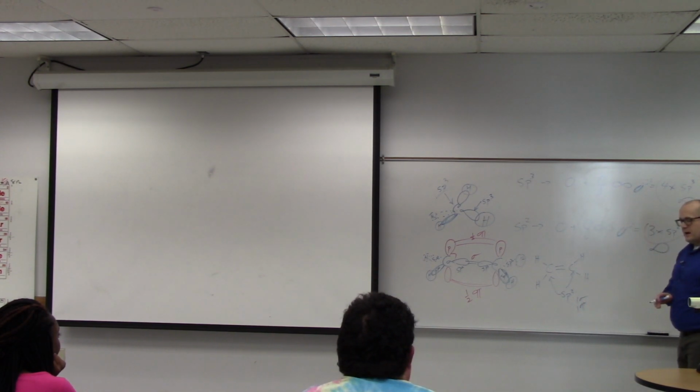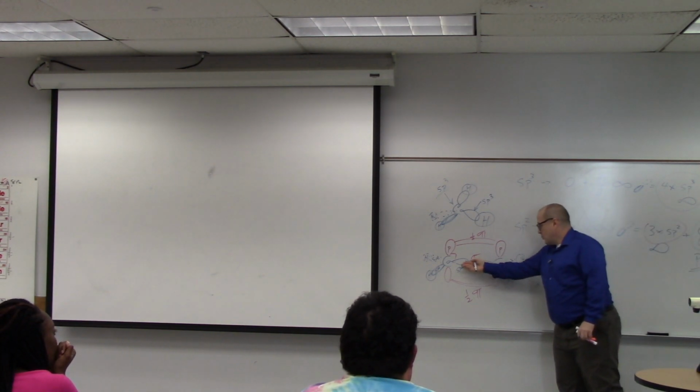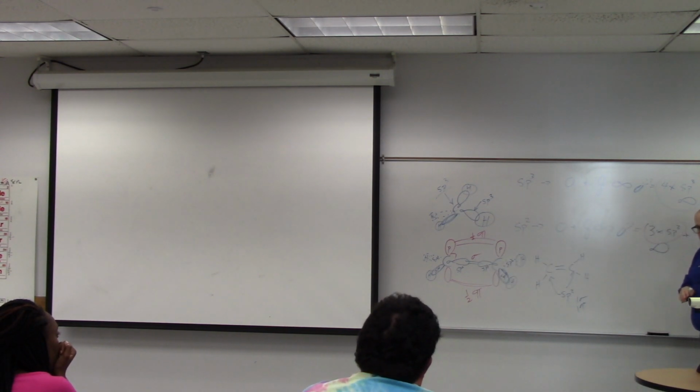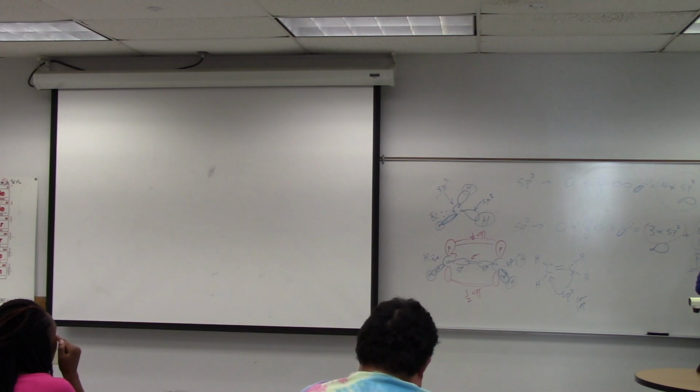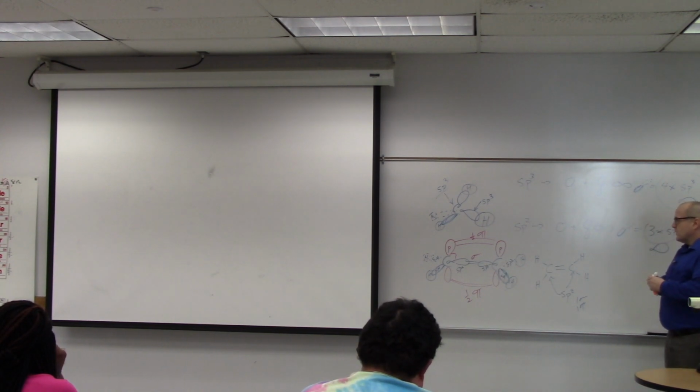That's how it works. So the sigma bond is in between, and the pi bond is the top and the bottom. That's how bonding works. Everybody with me on that? Every double bond will have 1 sigma and 1 pi for period 2 elements, like carbon, nitrogen, oxygen. Not sulfur. Sulfur and other atoms can do a different kind of bonding.